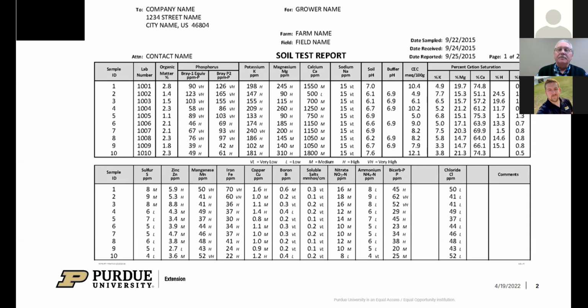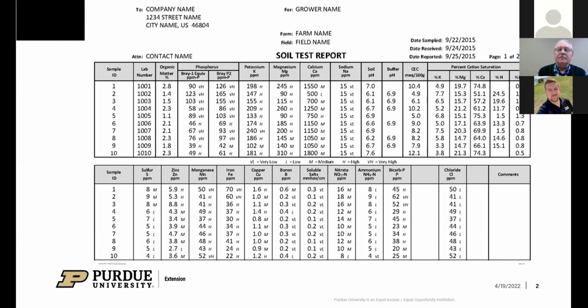Saying 1, 2, 3, 4, 5 is great, but when you get your results back, if you don't know where sample 1 was taken, that does you no good. And that ruins the whole concept of doing soil tests. So make sure that you label it in a way that you understand.